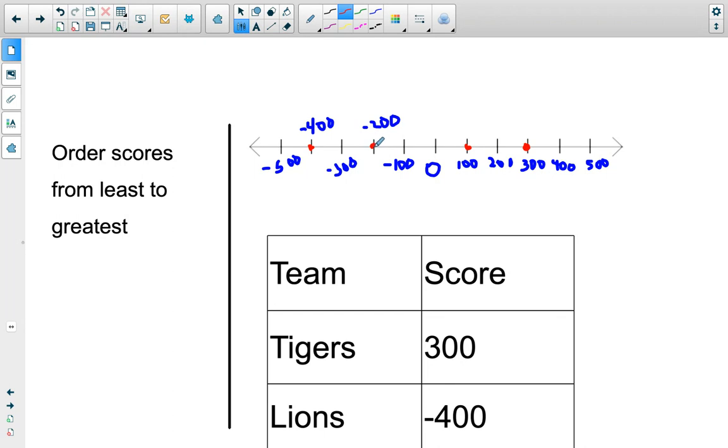They're here. So if I were to put these numbers in order, it would be negative 400 is my smallest number. It's furthest left. Then I have my negative 200. Not sure what sport this would be with these points, but I have 100.